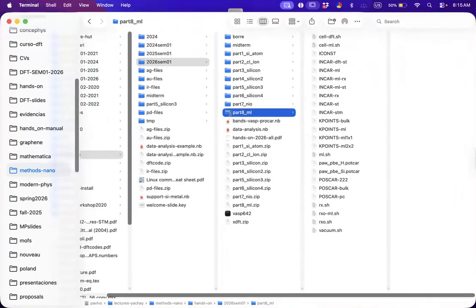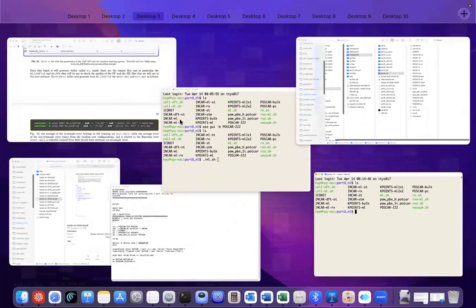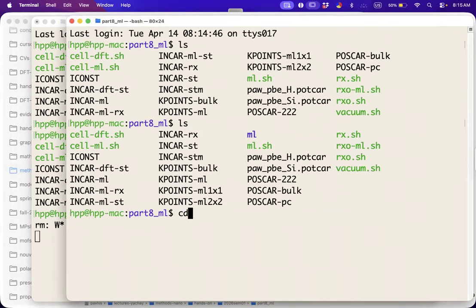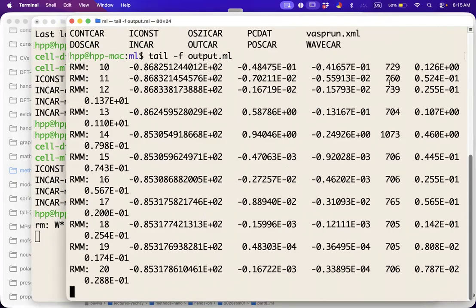Let me open a new terminal here. Don't worry about this because it erased a wavecar that was there. And look, here there is an ML folder. With tail -f, you see, this is running here.